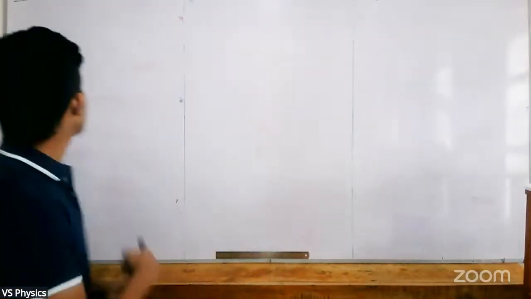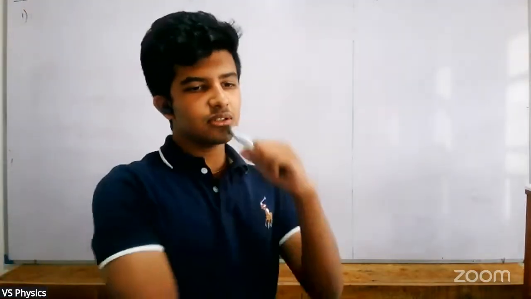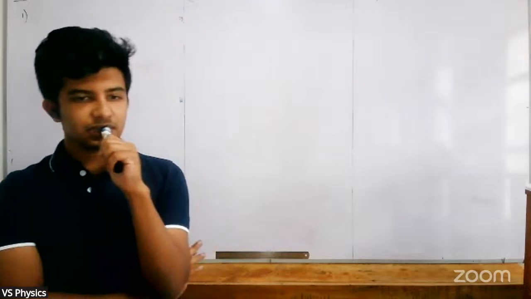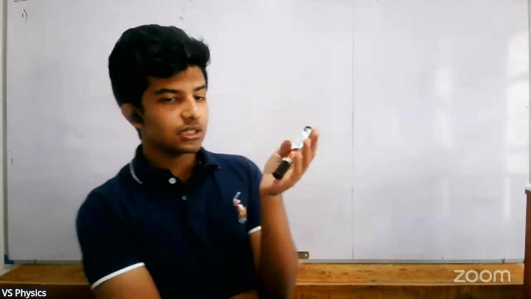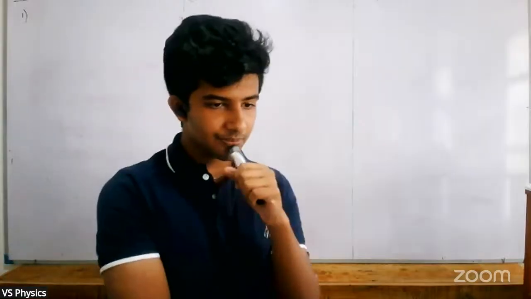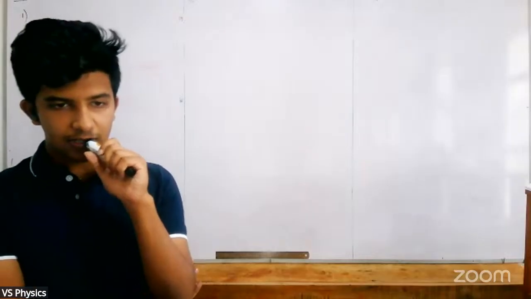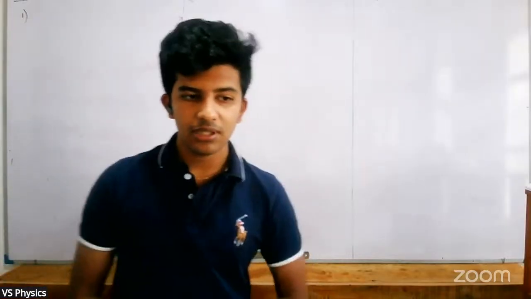Okay, question number one. The value of acceleration due to gravity on the surface of the Earth is g. The diameter of the Earth becomes 3 times its present value. Mass remains the same. The value of acceleration due to gravity will be.